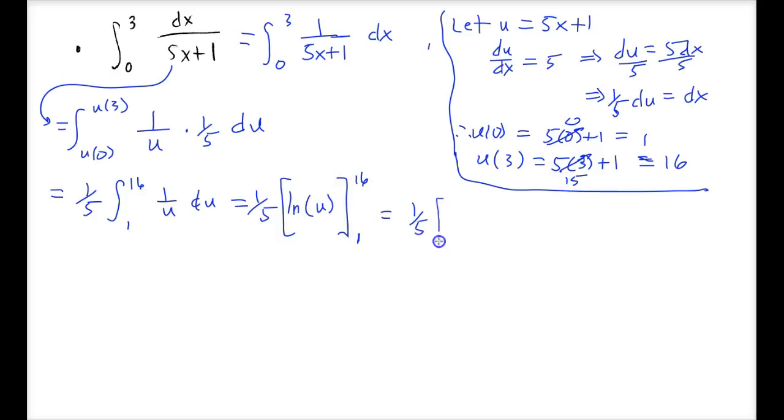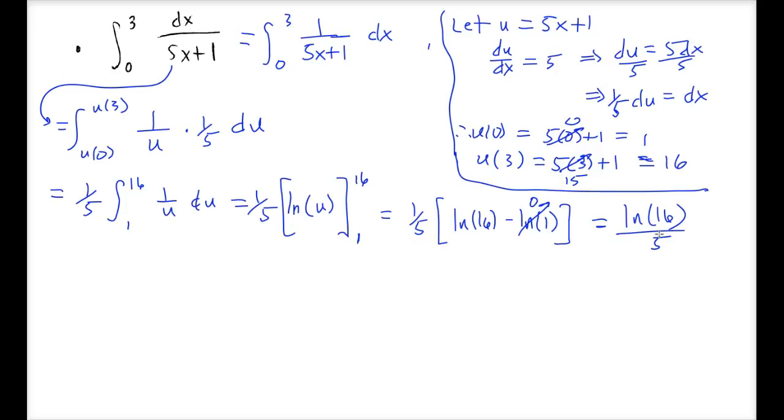So that'll be 1/5 natural log of 16 minus natural log of 1. And of course, natural log of 1 is 0. And this will be natural log of 16 divided by 5. And so you can keep your answer that way.